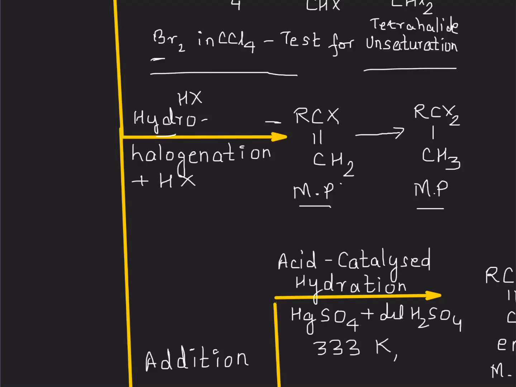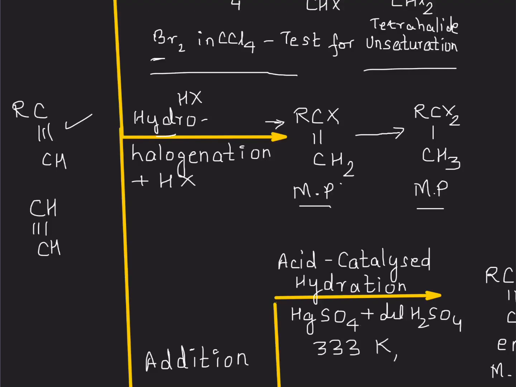In this flowchart, I have written the reactions considering our initial alkyne as RC triple bond CH. Depending on your syllabus, you can just take it as CH triple bond CH. That is what we are doing while writing the reactions, or you can write generalized reactions.